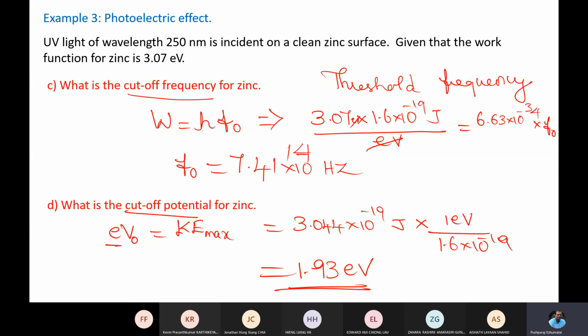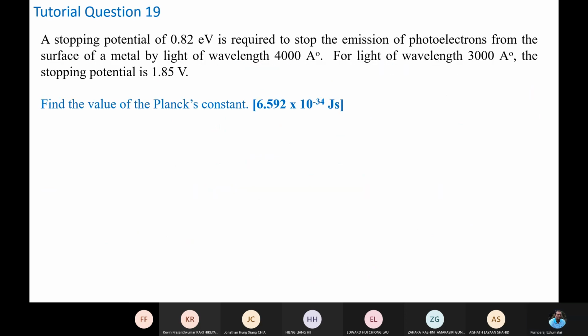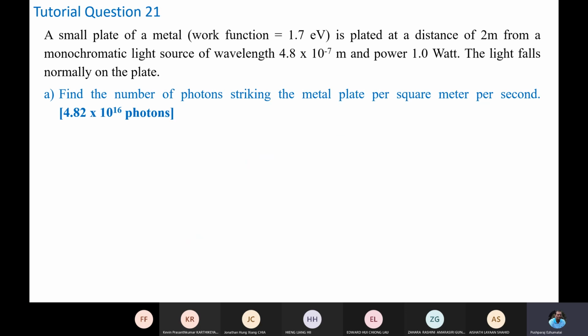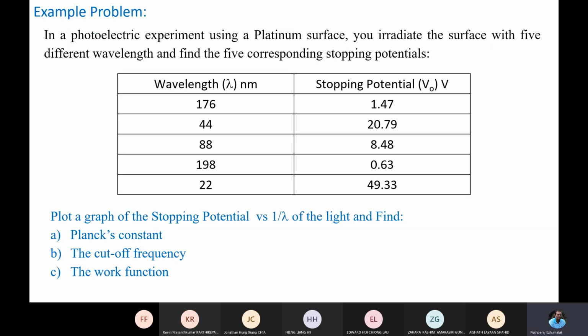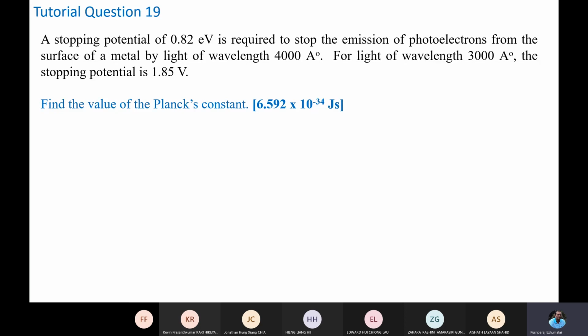Any questions? So the problem numbers 18, 19 and 21 and then this problem, these three problems we will do in the next tutorial session, that means next week. I can stop here and we will do the rest of the problems next week. Any questions?